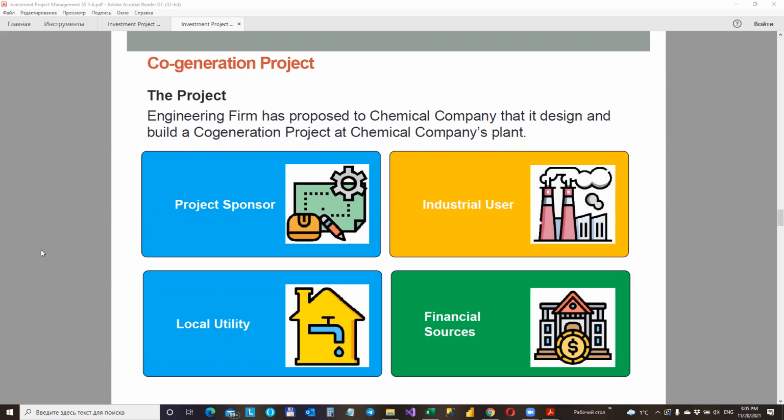The local utility is willing to invest up to 15% of the project entity's equity and to serve as an operator of the facility. However, it is not willing to bear any direct responsibility for repaying project debt. The local utility would also include the facility's electricity output in its base load generating capability.